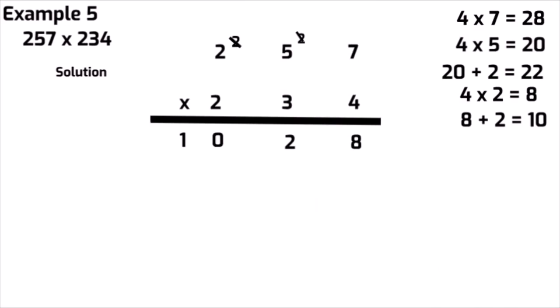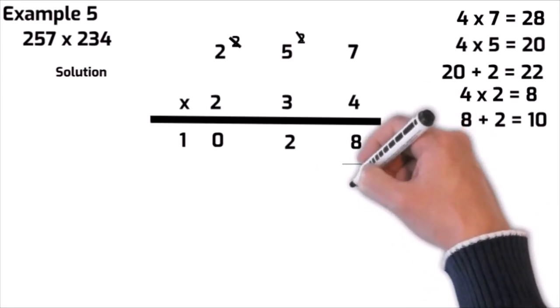Next, we leave a space or write down 0 before writing the result of the second multiplier. So we have to leave a space. Let us use a box to represent the space we are leaving.